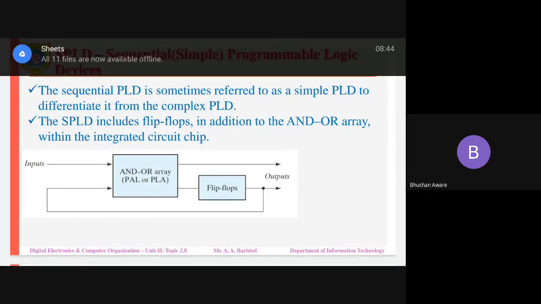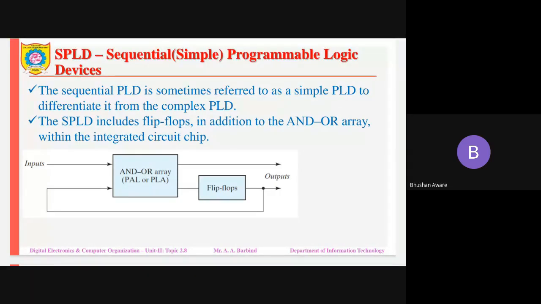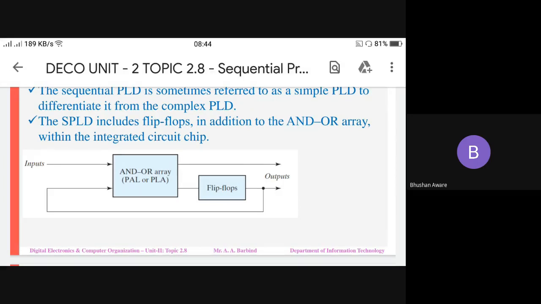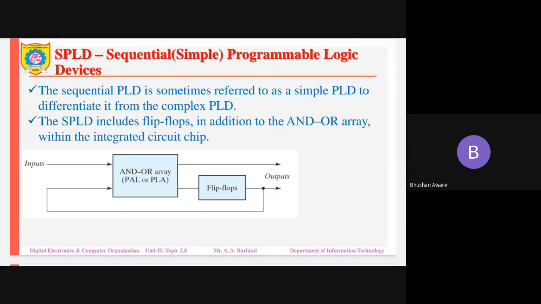The SPLD, the sequential PLD, is sometimes referred to as simple PLD to differentiate it from the complex PLD. The SPLD includes flip-flops in addition to an AND-OR array, which is an integrated circuit chip. So this is the simplest way of specifying SPLD.